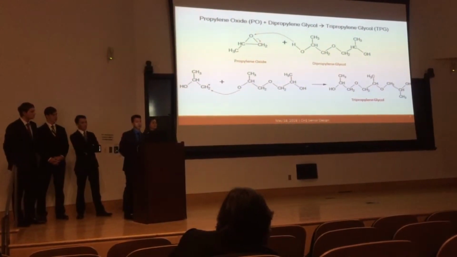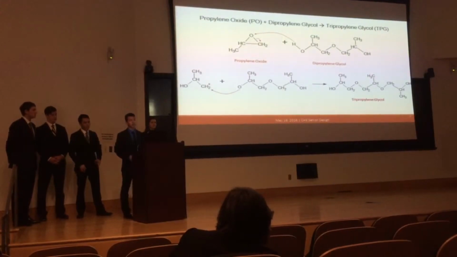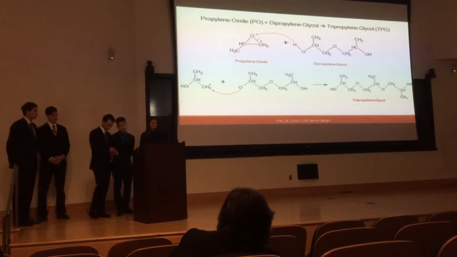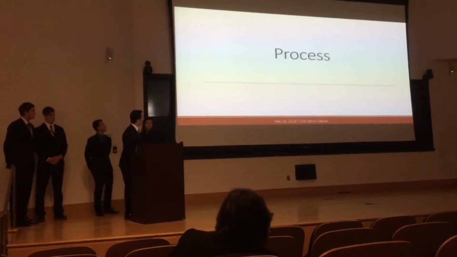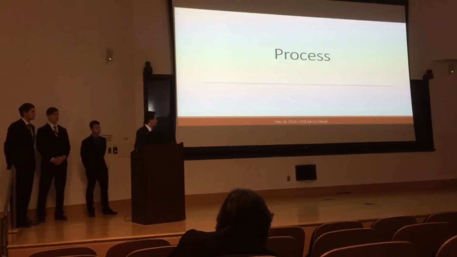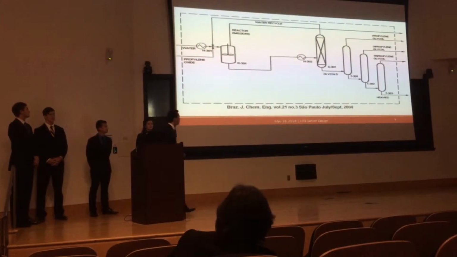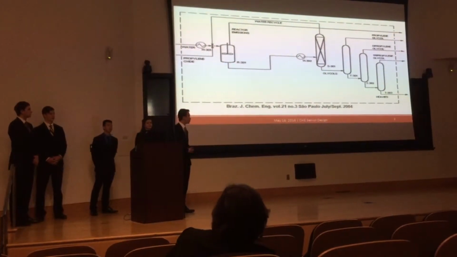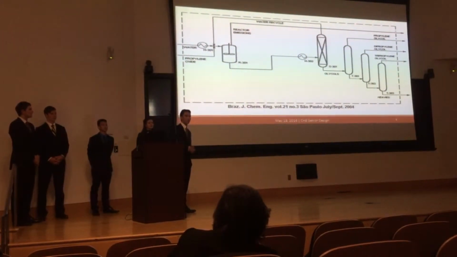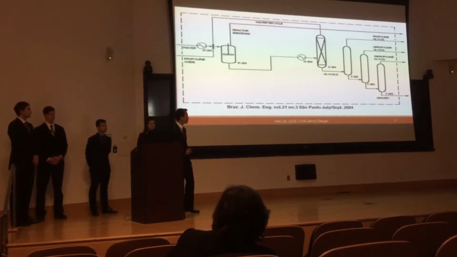For further understanding about our process, I'm going to talk about the process of the plant. In front of you is a typical plant to make monopropylene glycol, and we use this as a reference for our tripropylene glycol plant.